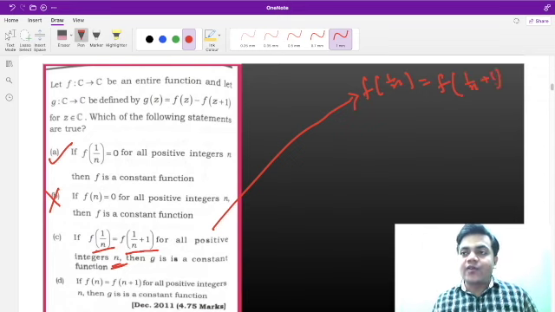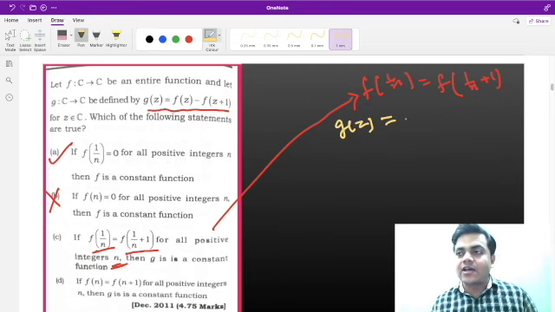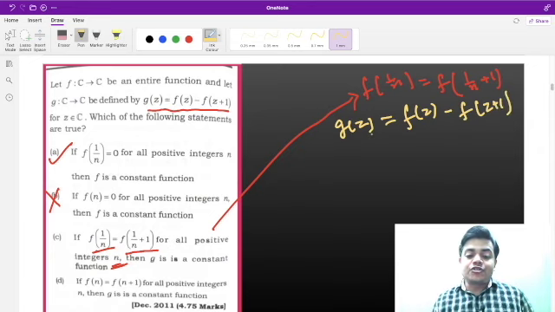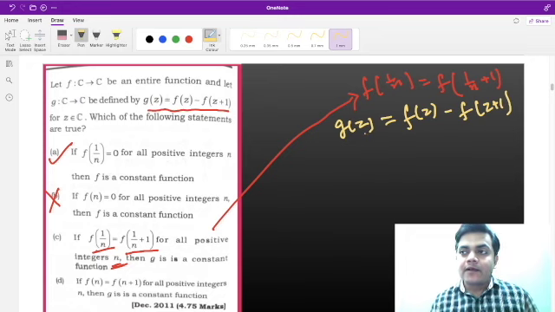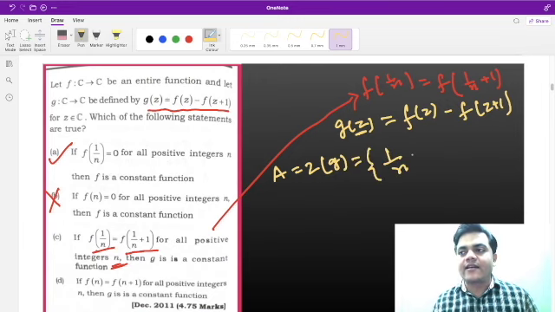And it was given in the question, what is your G of Z? Yes, you are right. F of Z minus F of Z plus 1. This is your G of Z. So what would you like to say about the zeros of G? The zeros of G, you people know, will become 1 by n, where n belongs to Z plus.